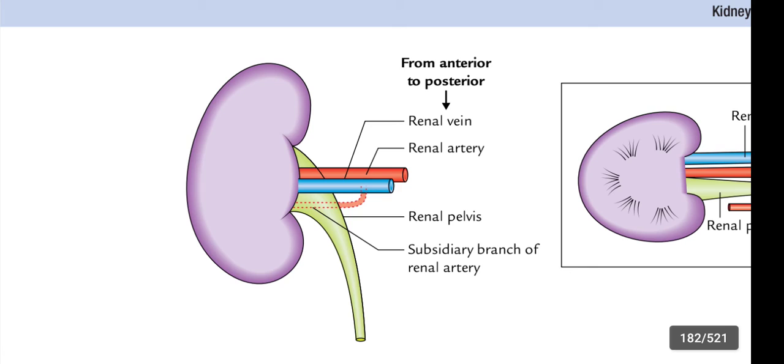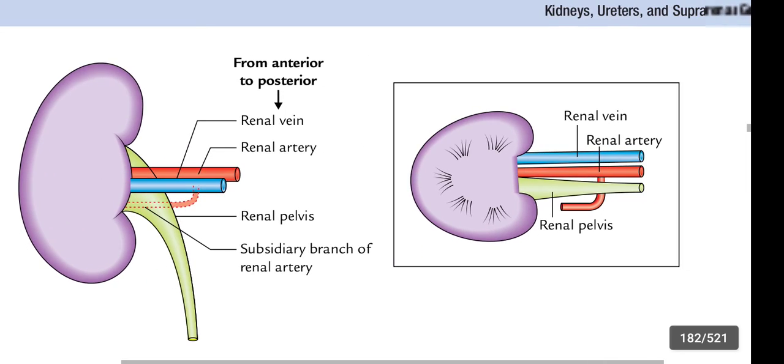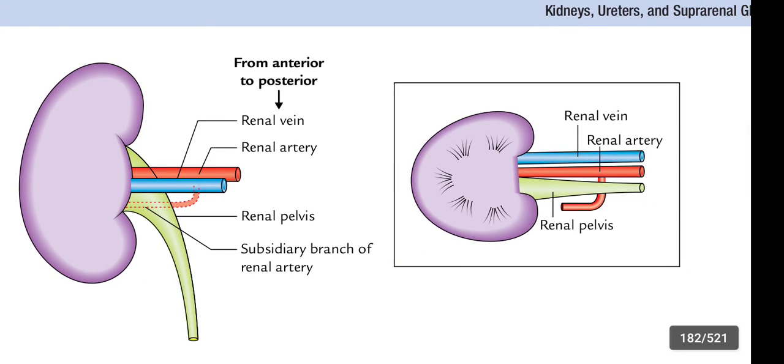Renal vein, renal artery, renal pelvis, and at last the subsidiary branch of the renal artery. This figure shows the renal vein, renal artery, renal pelvis.